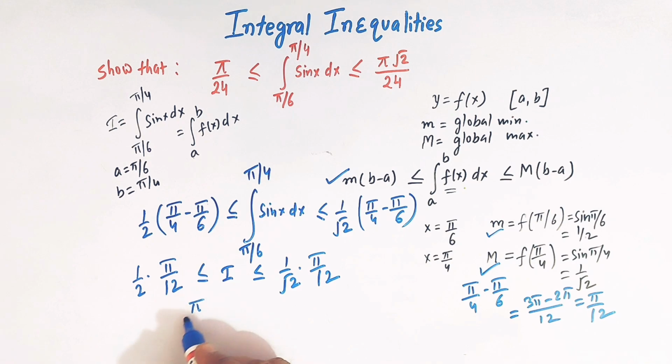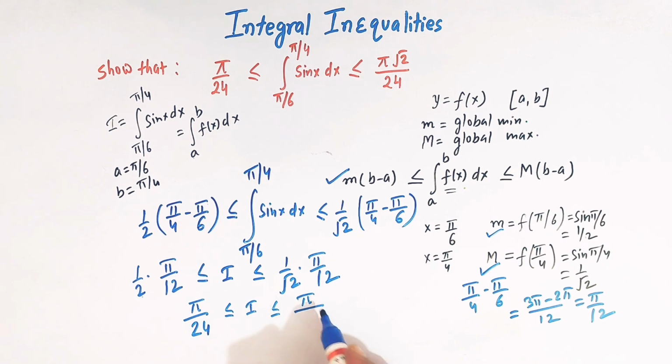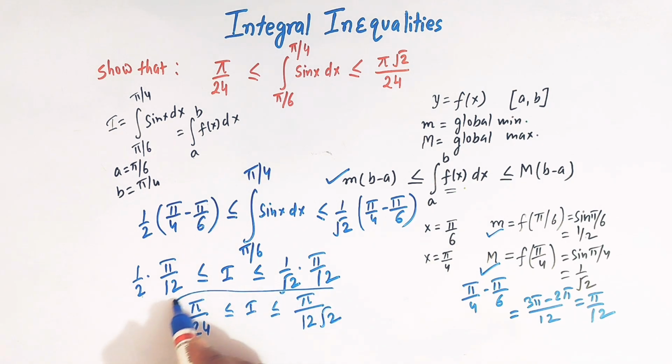So now we have pi over 24, this is 2 12s are 24, here we have I, and here we have pi over 12 times square root of 2, right? So now we have obtained this important inequality.